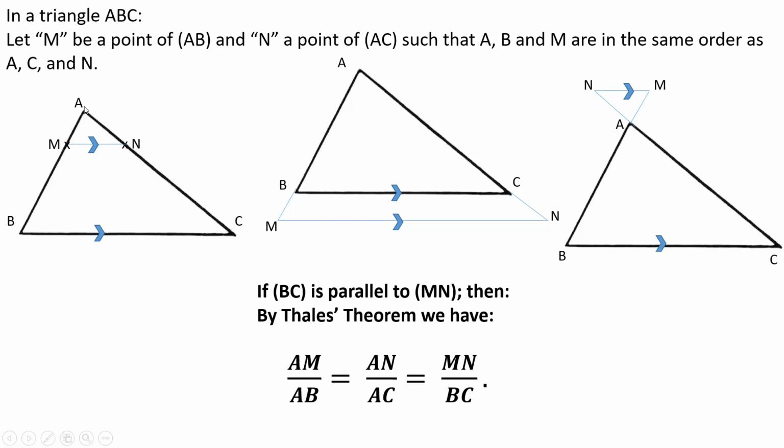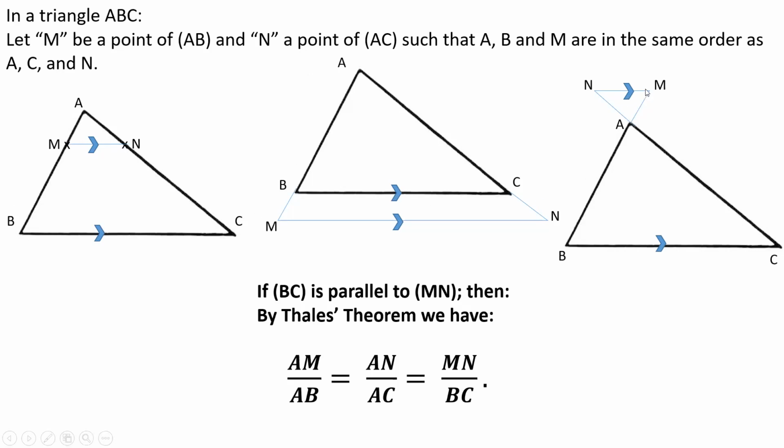Again, look carefully how I am writing the ratios. I write AM over AB is equal to AN over AC is equal to MN over BC. Or I can say AM over AB is equal to AN over AC is equal to BC over MN.